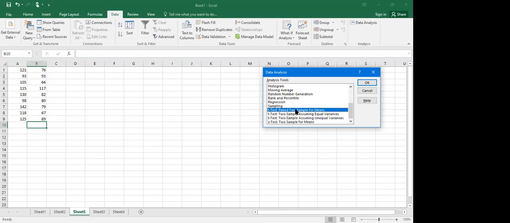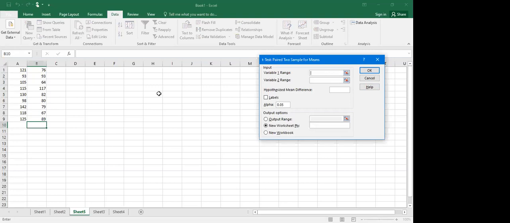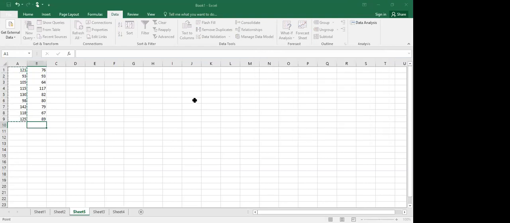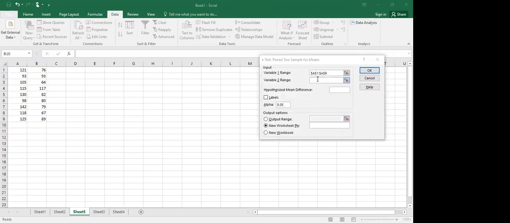So I will choose t-test paired two sample. Here is OK. For Variable 1 Range, I will highlight A1 to A9. Variable 2, I will highlight B1 to B9.